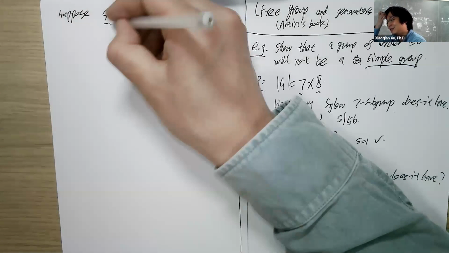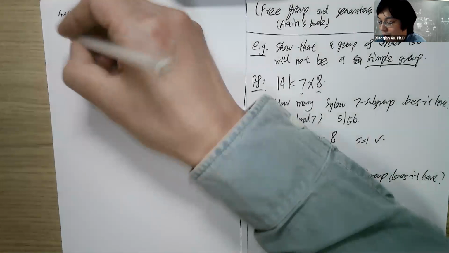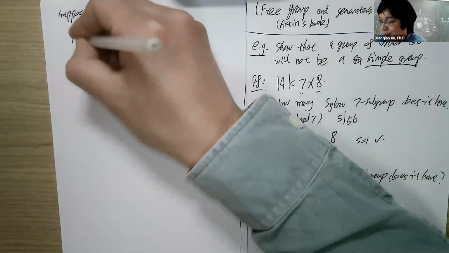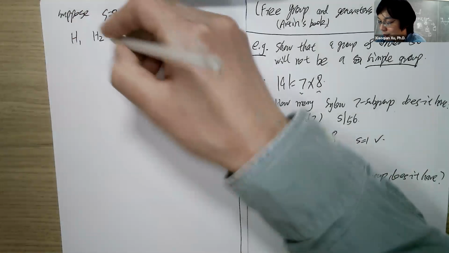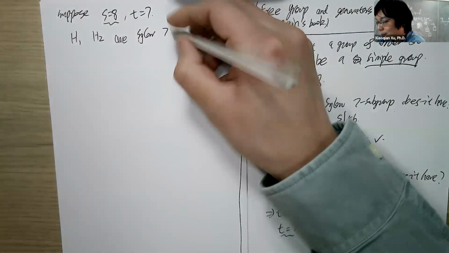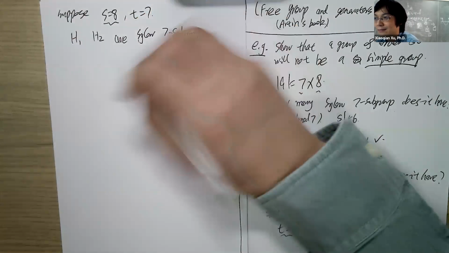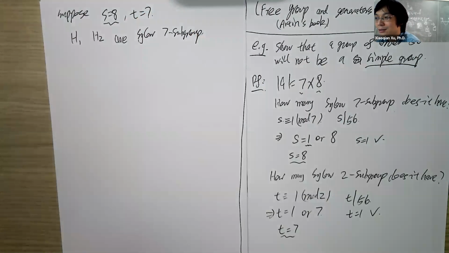First, if it has 8 Sylow 7 subgroups, that seems like a lot, right?